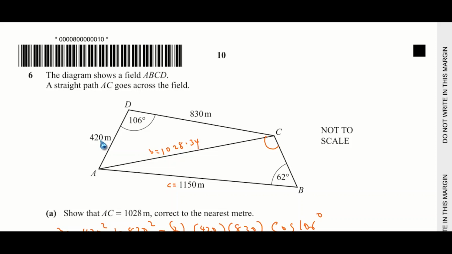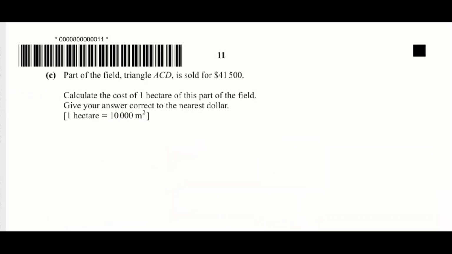Area of triangle ACD equals 420 multiplied by 830 multiplied by sine 106 degrees, divided by 2.